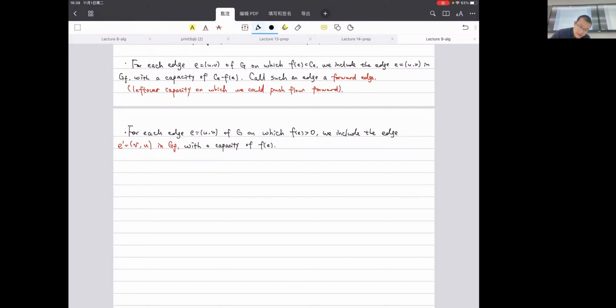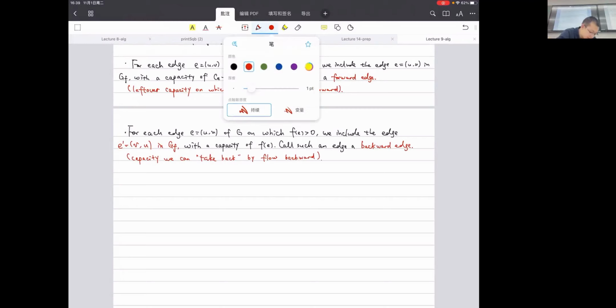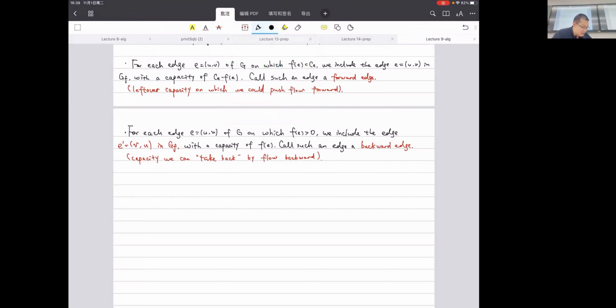We call such an edge a backward edge. So basically it's a capacity we can think of as taking back by pushing flow backward. So I guess this is the definition that we want for this residual graph.